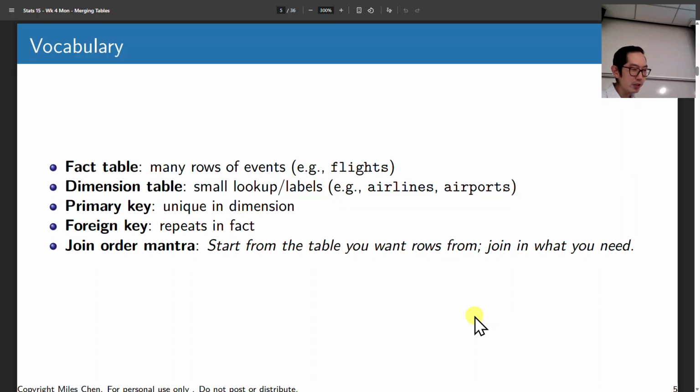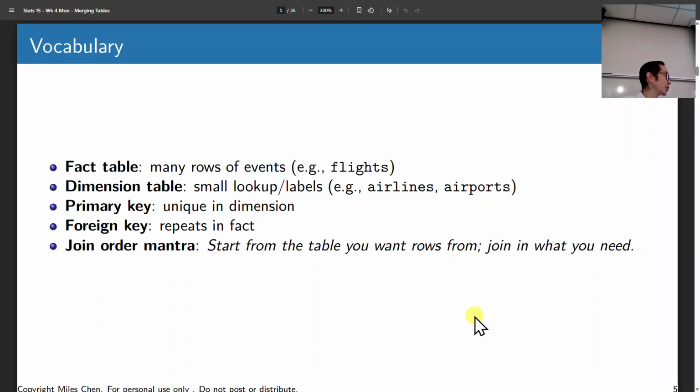Some vocabulary. A lot of times in industry, these are some of the terms that we use. We have something called the fact table, and we generally enhance the fact table with the dimension table. So the fact table will be the big table that you're working with.